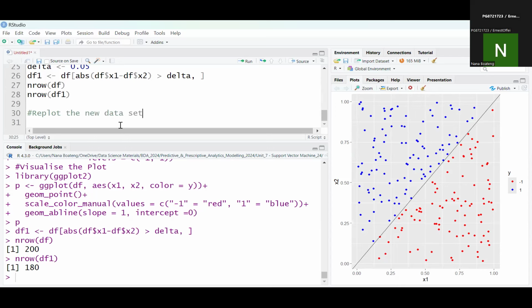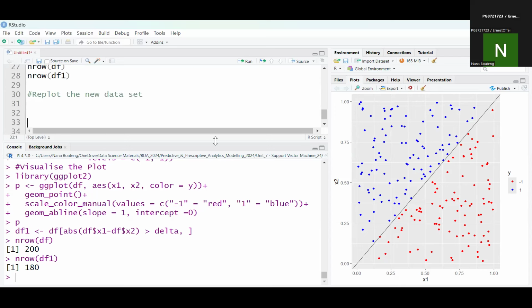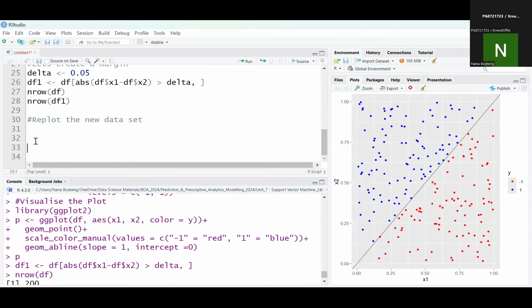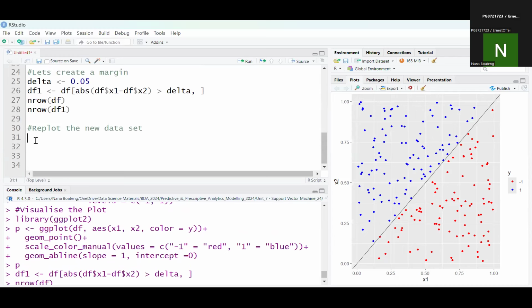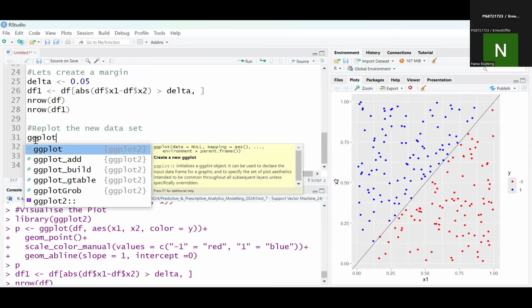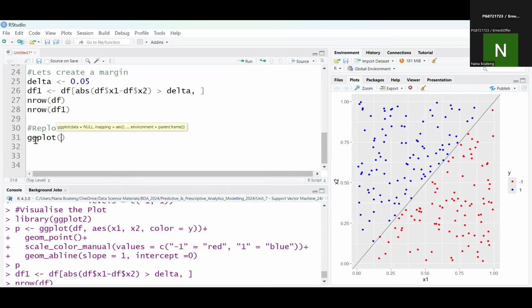Okay, so let's do a ggplot. It's still the same thing, just that this time around we are taking it from DF1. So let's copy what we have here.